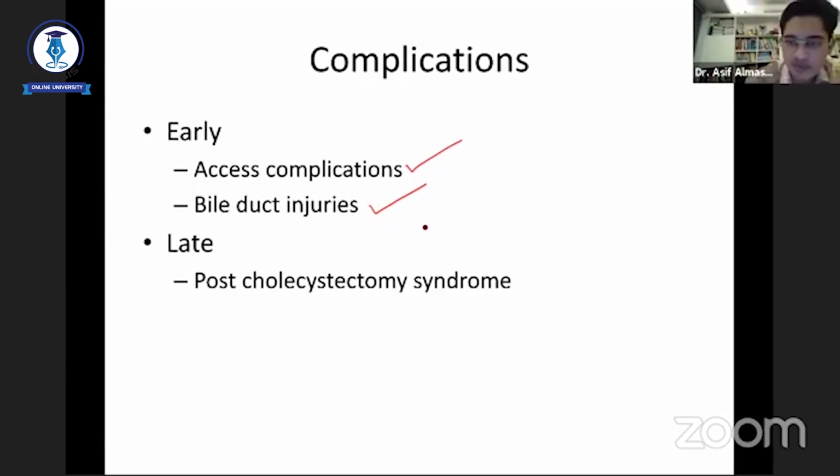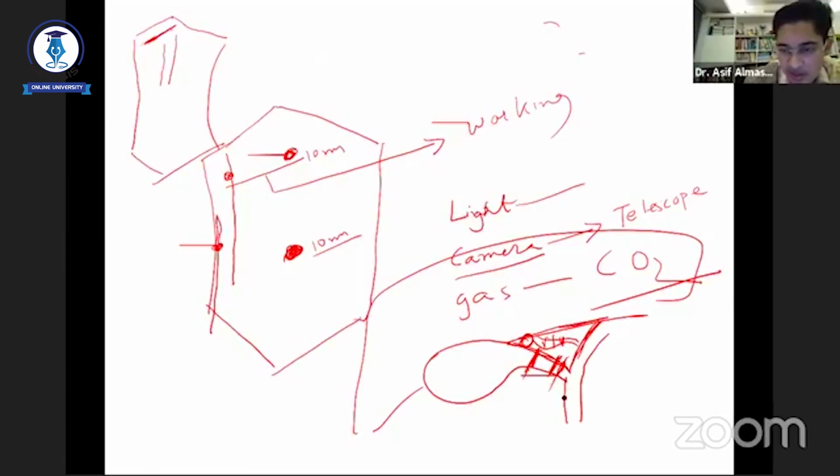Because if you remember the previous slide, always the common bile duct or common hepatic duct are very close to the area of dissection. Then there is a chance that these ducts may be injured. Especially, I have seen quite a number of times that the right hepatic duct has been injured. So remember this, the right hepatic duct is injured more than the left hepatic duct.